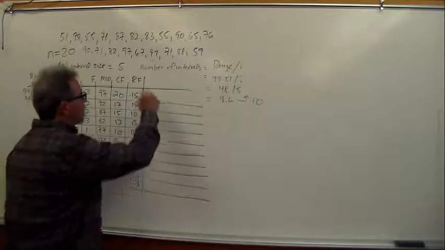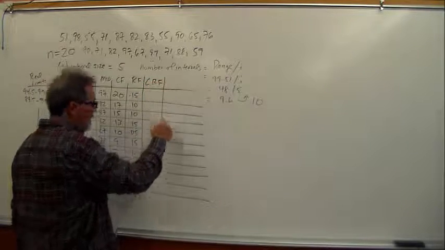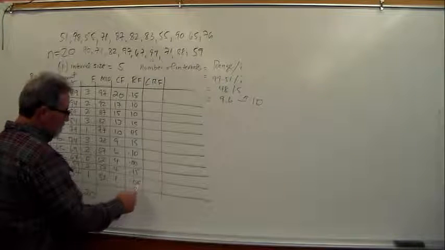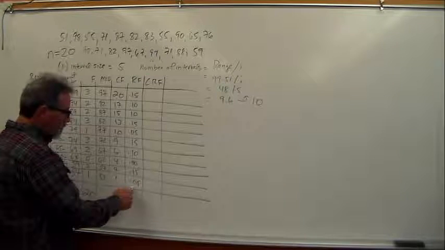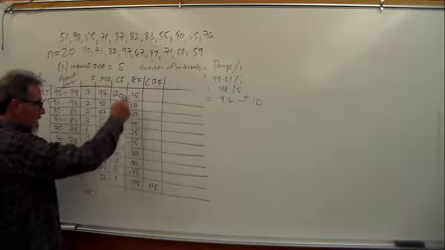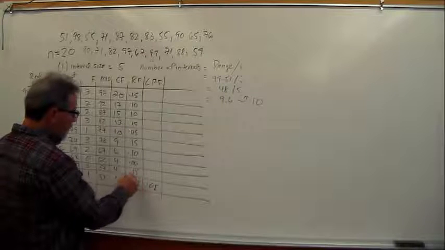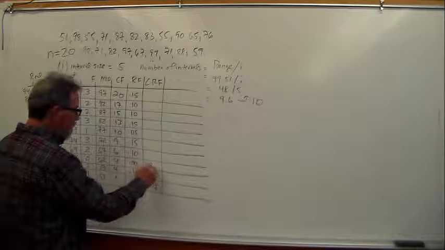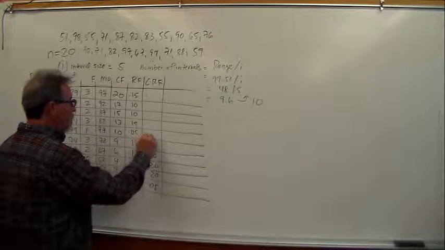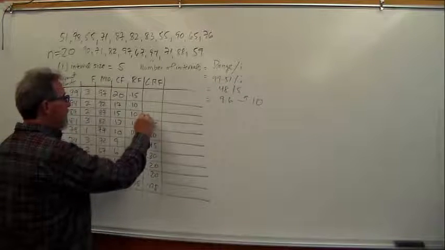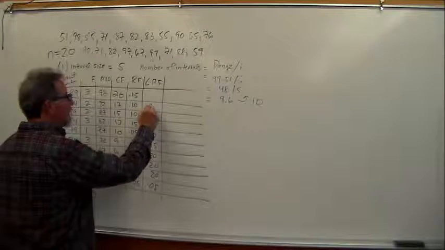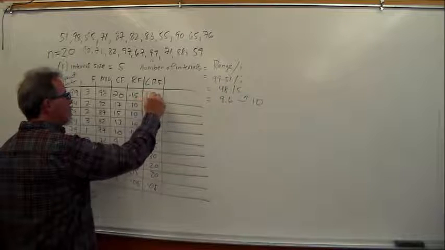We move from here to cumulative relative frequencies. And the same rule applies as we did with cumulative frequency. We start at the bottom. The first cumulative frequency will be equal to the relative frequency in this column, 0.05, and then we slowly add these up. 0.05 plus 0.15 is 0.2, plus 0 is 0.2, 0.3, 0.45, 0.50, 0.65, 0.75, whoops, 0.85, 1.00.